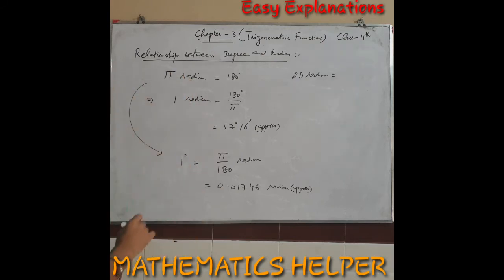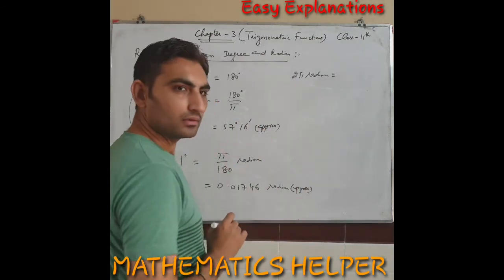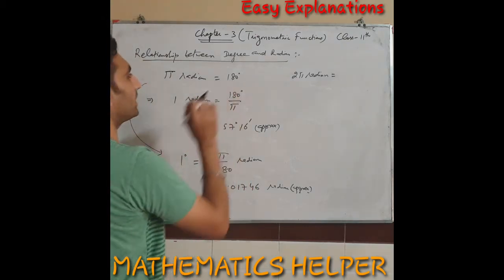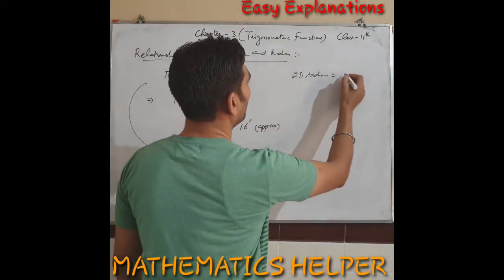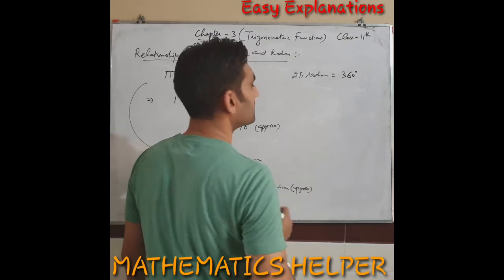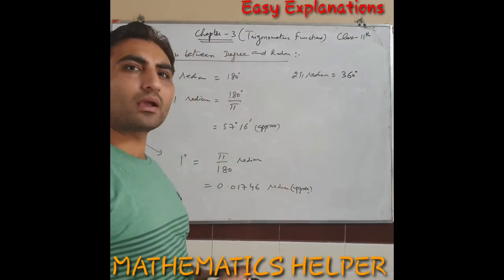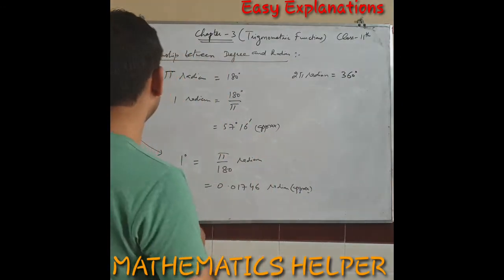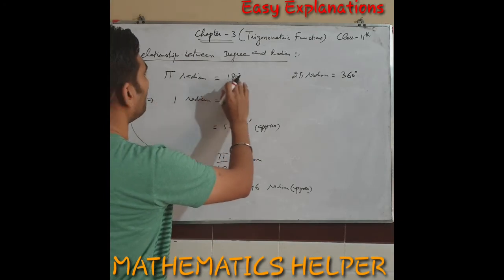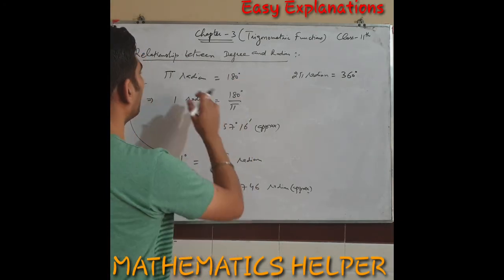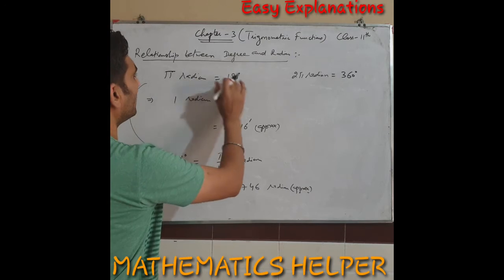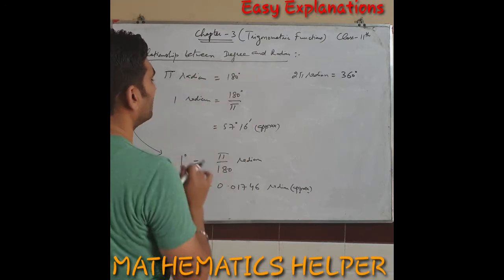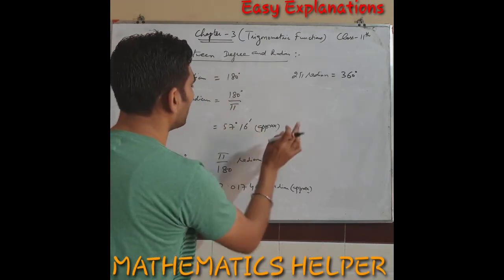And what about 2 pi radian then? Pi radian is 180 degree, 2 pi radian means 2 into 180, 360 degrees. Now just think about the unitary method. If pi radians combine to form 180 degree, then 1 radian will be 180 degree over pi, and no need to solve it, its value is given in your book.